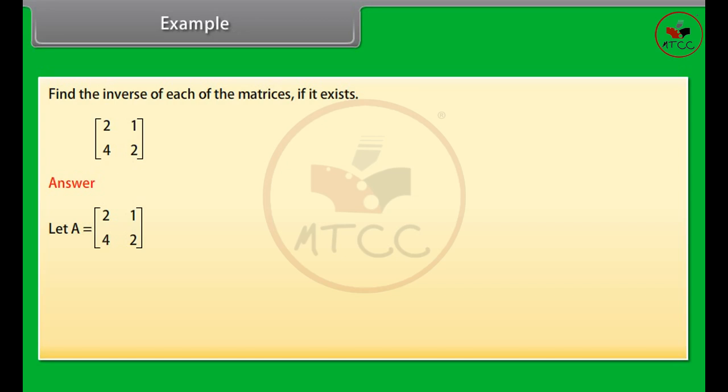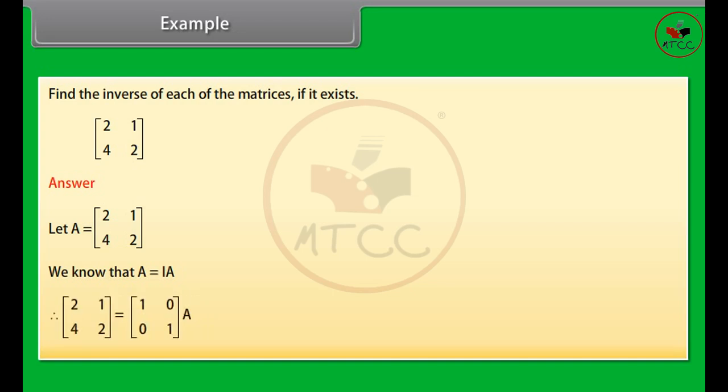Example. Find the inverse of the given matrix, with first row 2, 1, second row 4, 2. Let the given matrix be A. We know that A can also be written as IA.